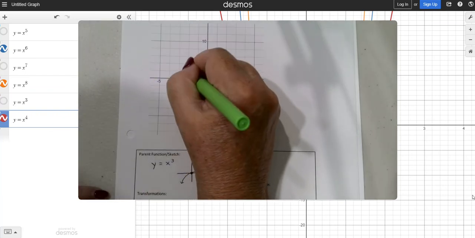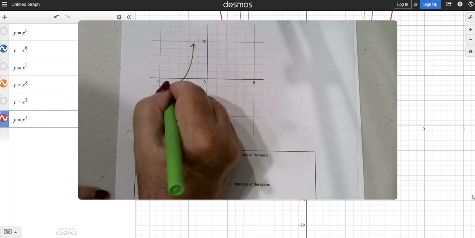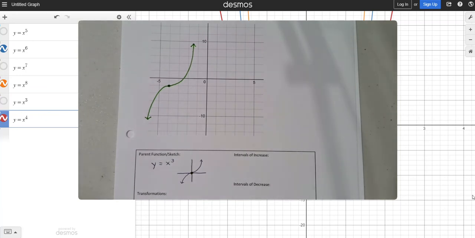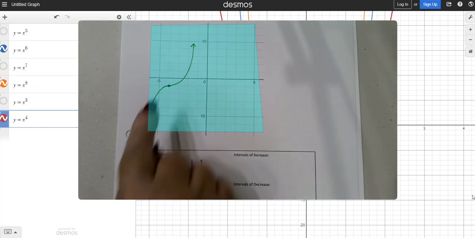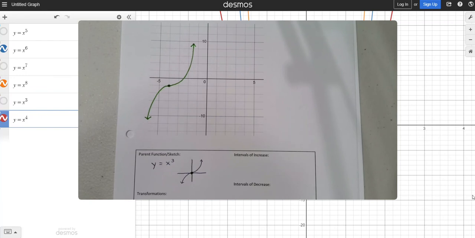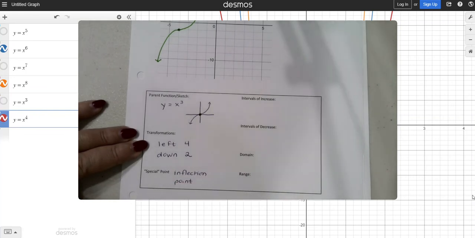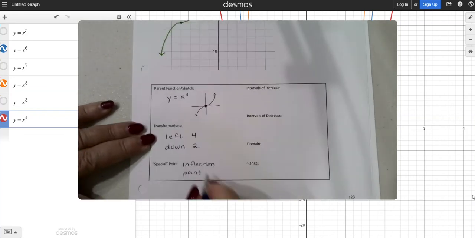So it curves up on this side, and it curves facing down on that side. Again, I don't need anything other than that shift and the basic shape. That's all I'm looking for. My new special point, which in this case is the inflection point, has now moved to negative 4, negative 2.